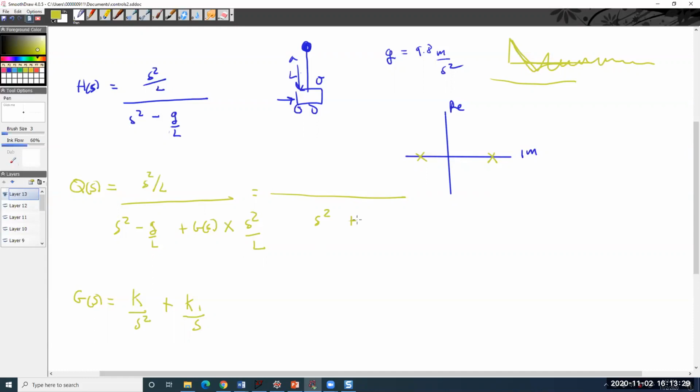I have S squared plus K minus G of L. And then I have, so I have to make that positive. And I have to make that positive.